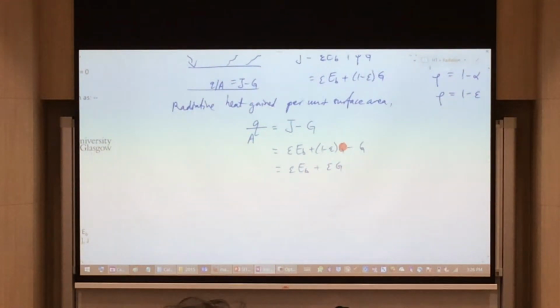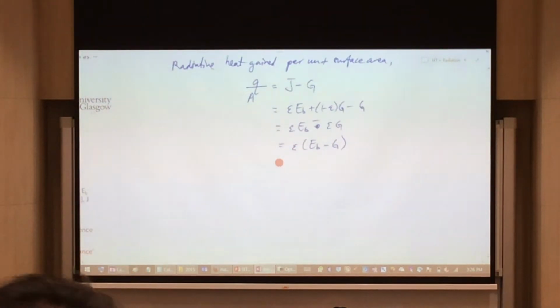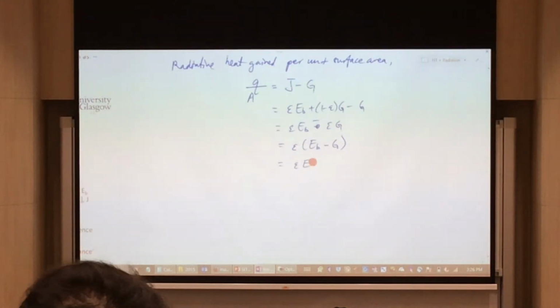So could you see it? If you were to multiply inside, there's a plus G here, and then there's a minus G there, and then you have that, I think, minus epsilon G. So I have a common factor that's epsilon, I can bring it up. So EB minus G. And what I'm going to do next is to multiply my epsilon inside.